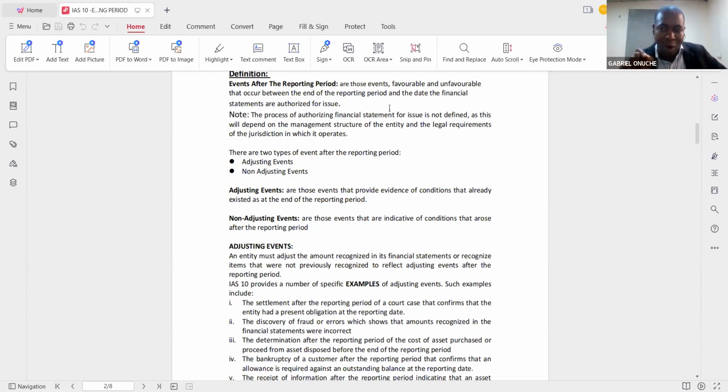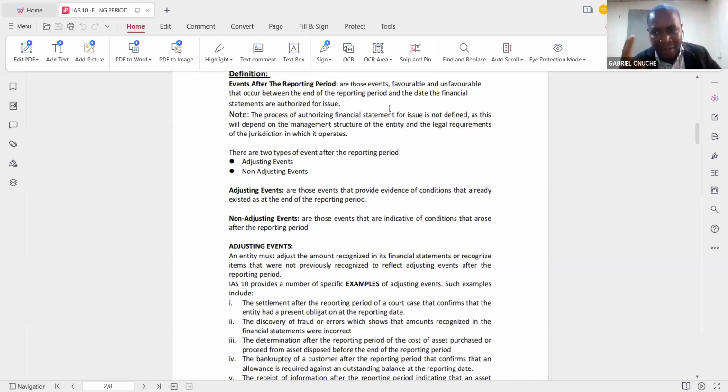To answer your question now, the period that is covered by IAS 10 as event after reporting period is between 31st of December to 15th of March. Analyze: 31st of December to the board of directors' authorization.